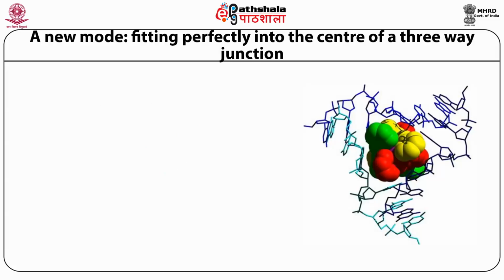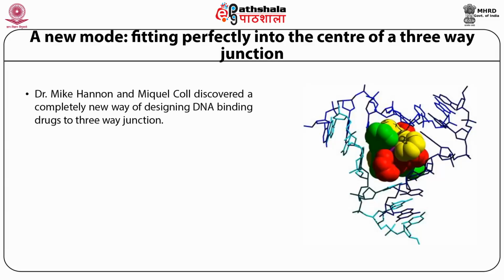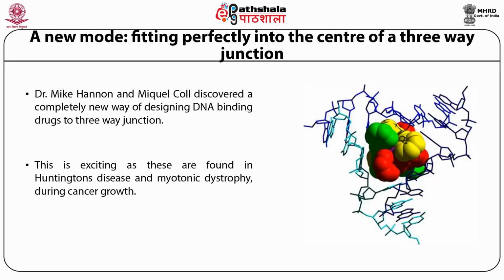A new mode of binding has been very recently discovered by Mike Hannon and coworkers. This has been very interesting because they found a ligand which has a very perfect fit into the DNA in the 3-way junction.